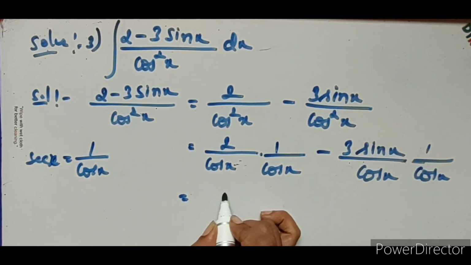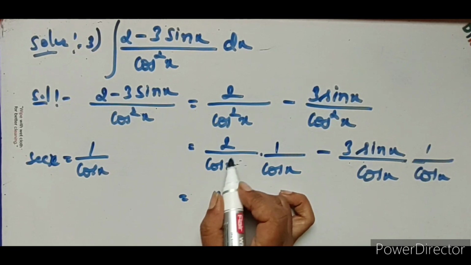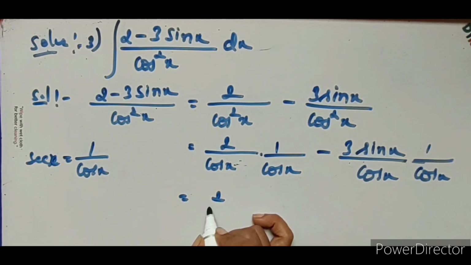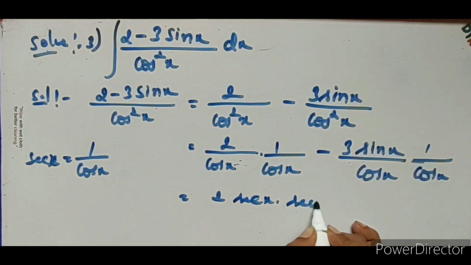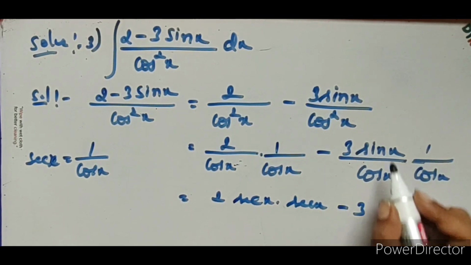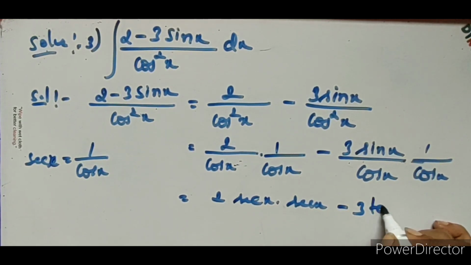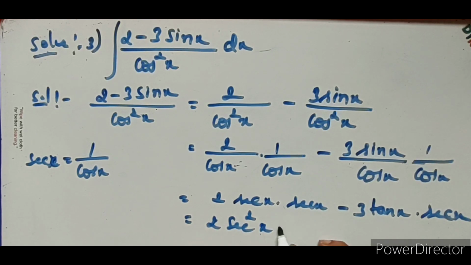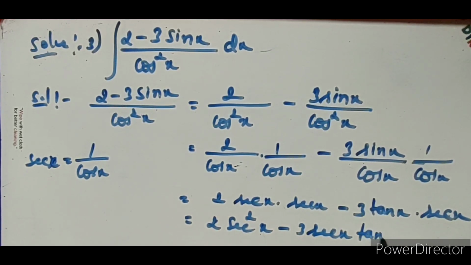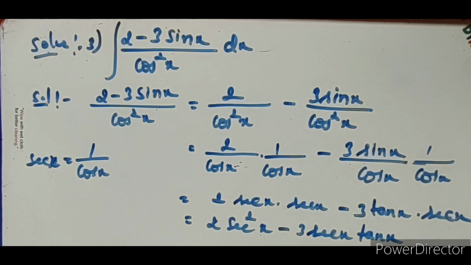So therefore it is 2 into, 1 by cos x is secant x, so secant x into secant x, minus 3 sin by cos is tan x, 1 by cos is secant x. So that is nothing but 2 secant square x minus 3 secant x into tan x.